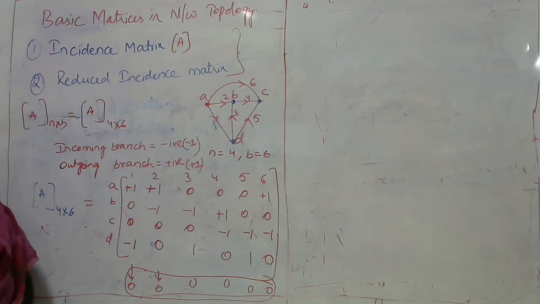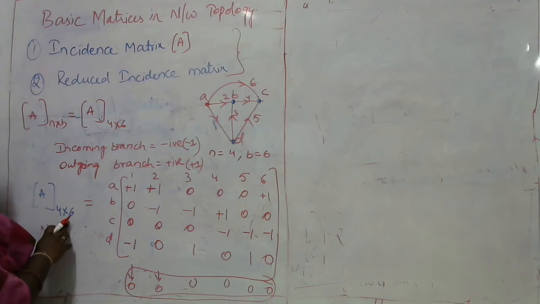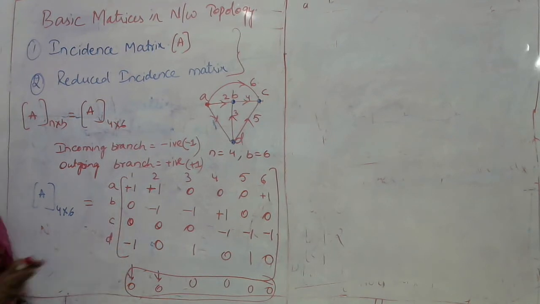Coming to the second property: let me take the case where the incidence matrix is a square matrix, that is, the number of rows is equal to the number of columns. In the case of a square matrix, we need to find the determinant of that matrix.